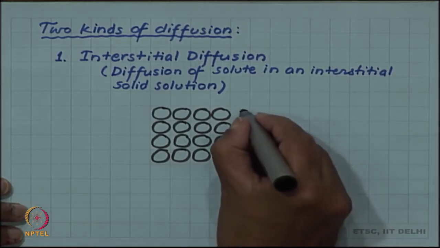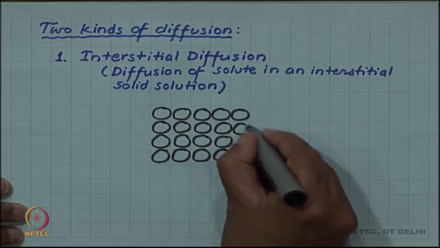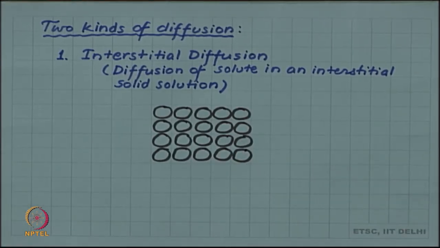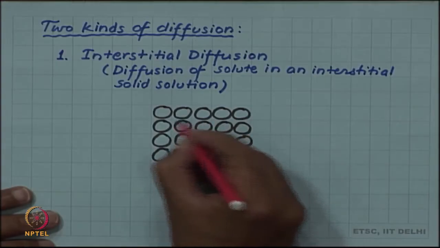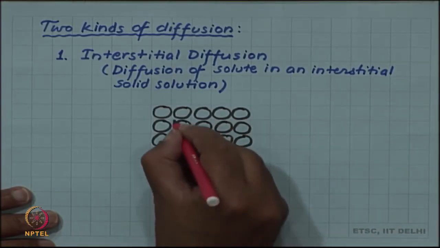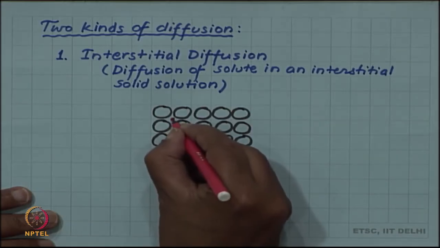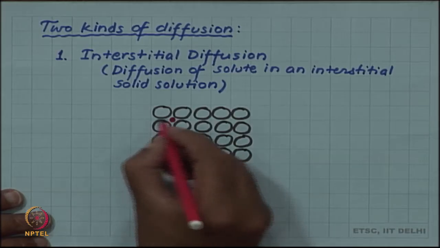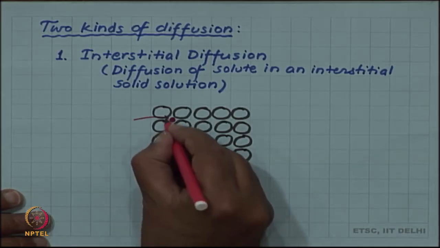Of course, I am making a two-dimensional cartoon here. In 3 dimensions, they can form FCC or BCC crystal structures. Different kinds of crystal structures are possible, as you know. And then between the atoms, there are the vacant sites, and in the vacant site, a solute atom can sit. So, by red atom, I am showing an interstitial solute.